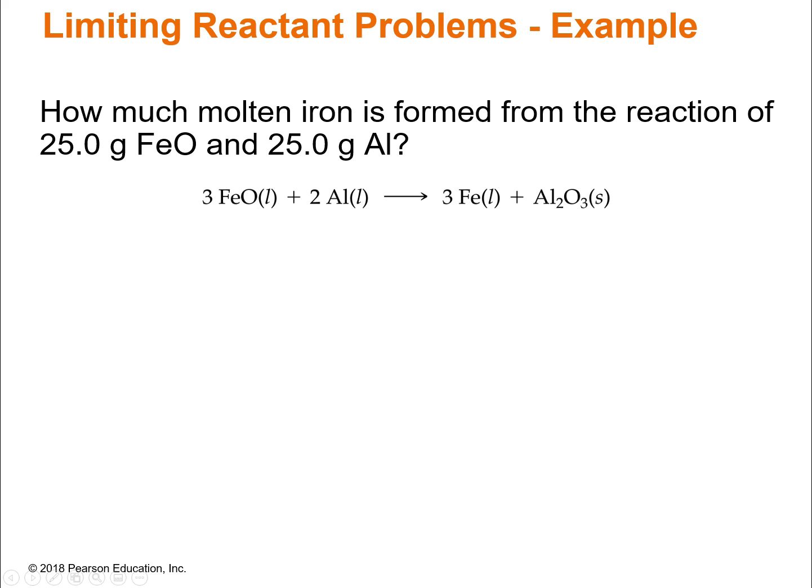How much molten iron is formed from the reaction of 25 grams of iron 2 oxide and 25 grams of aluminum? Again, we see two given amounts for two different reactants, and we're asked about one of the products. So that clues you in that you have to do a limiting reactant type deal.